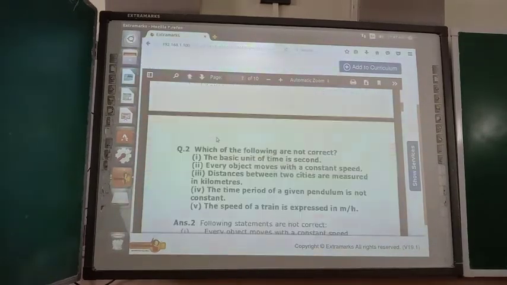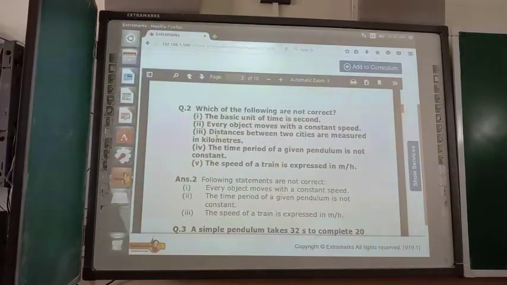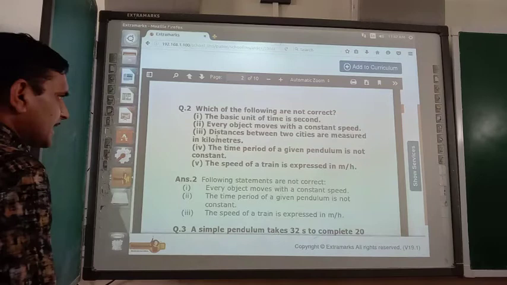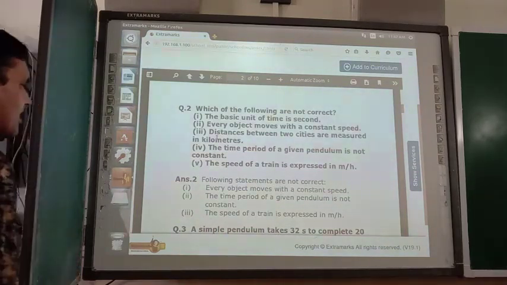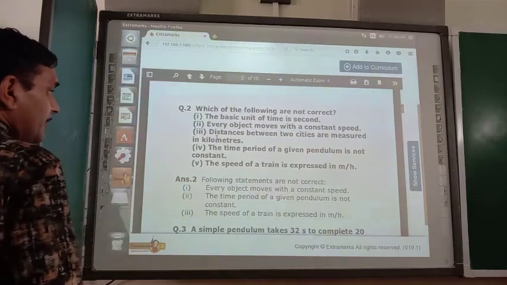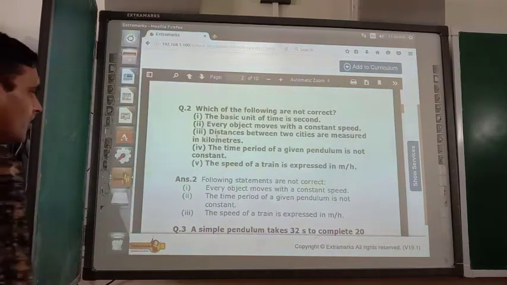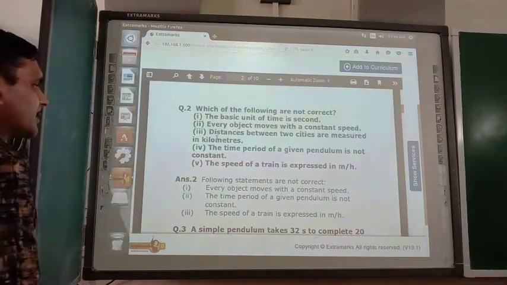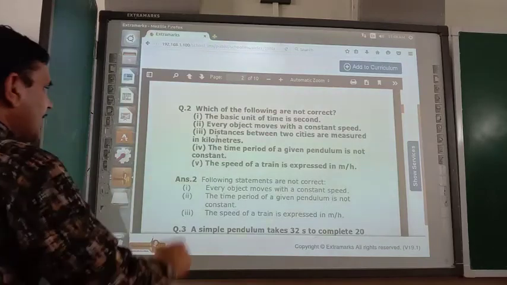Now question number 2, which of the following are not correct? The basic unit of time is second, that is correct. Every object moves with a constant speed. No, every object will not move with a constant speed, so this is not correct.